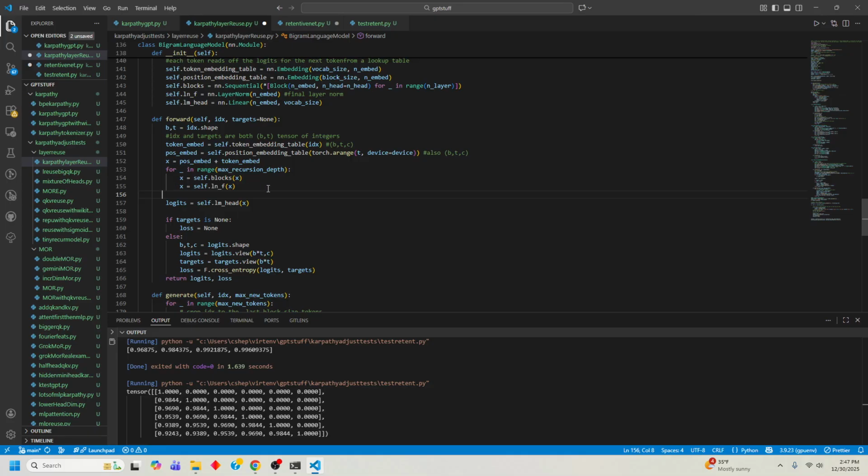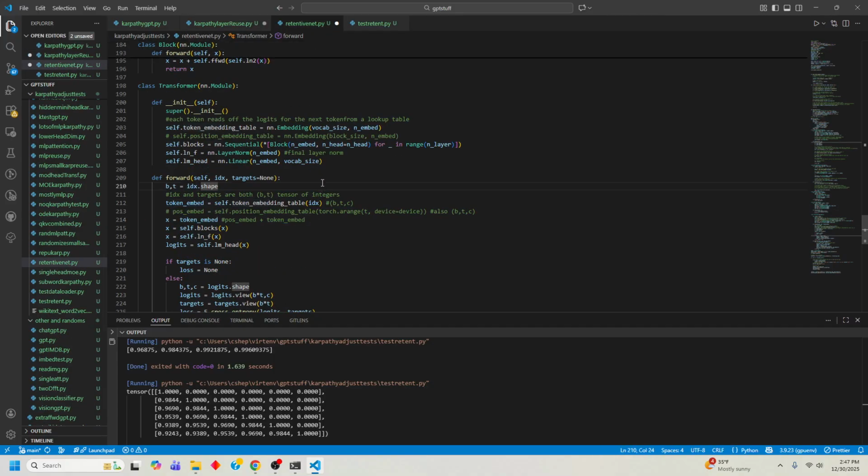But I wanted to put this in. I forgot to talk about the pros of the retention network. First off, get rid of position embeddings, which is my own take. I guess there could be reasons why that would be wrong. It seems to go well with training, but there could be other tests to prove otherwise.